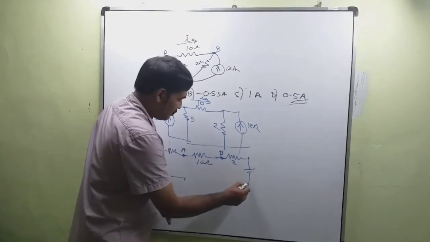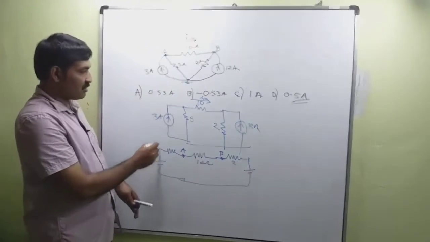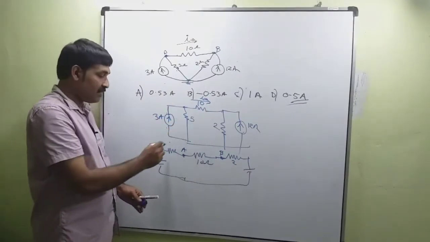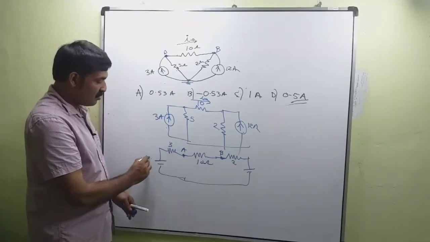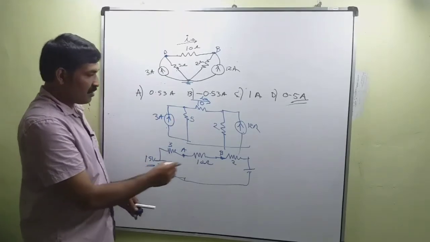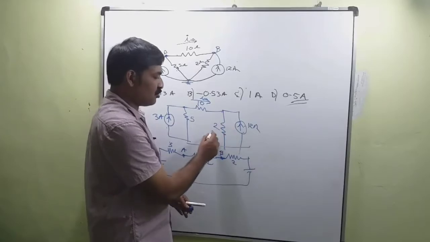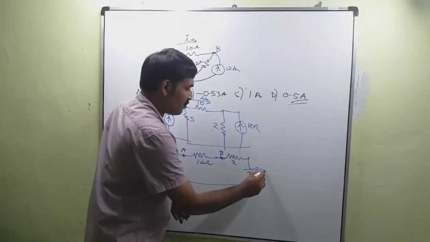The value of this voltage source is 3 into 5, that is 15 volt. Here 12 into 2, that is equal to 24 volt.